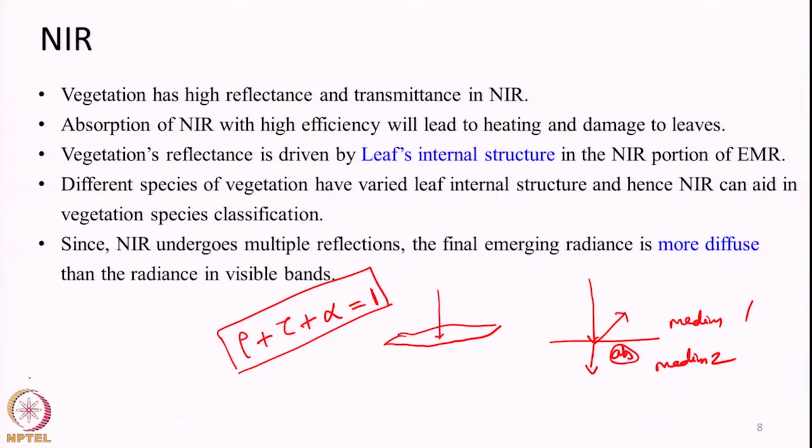Since each type of vegetation has a different internal structure, with different species having different orientation of cells, the NIR portion will be influenced by the type of vegetation causing the reflectance and may be useful in vegetation or species classification.